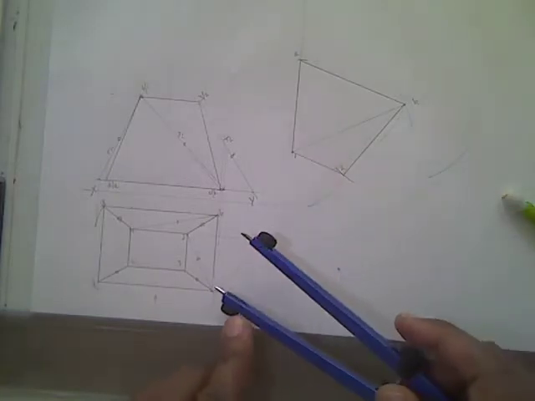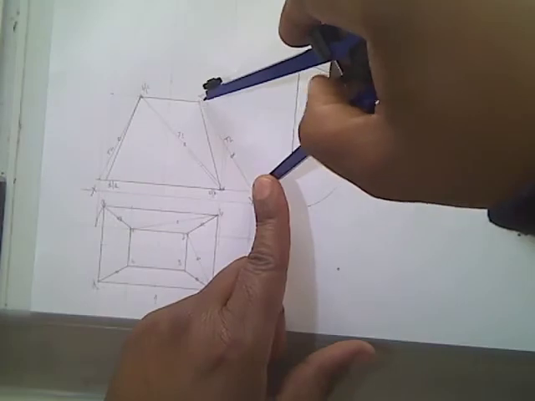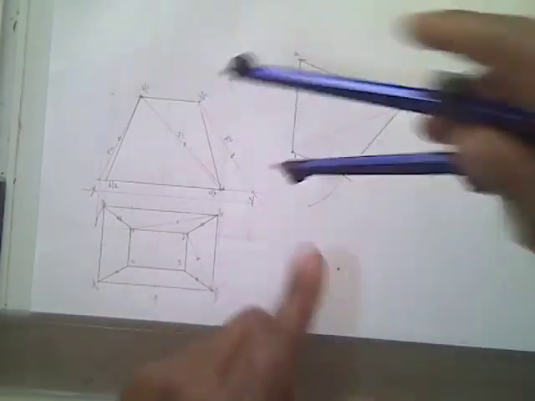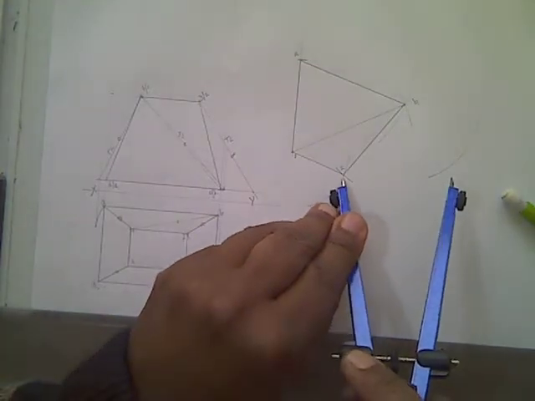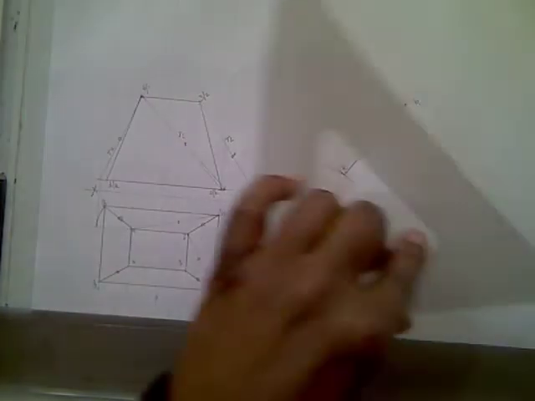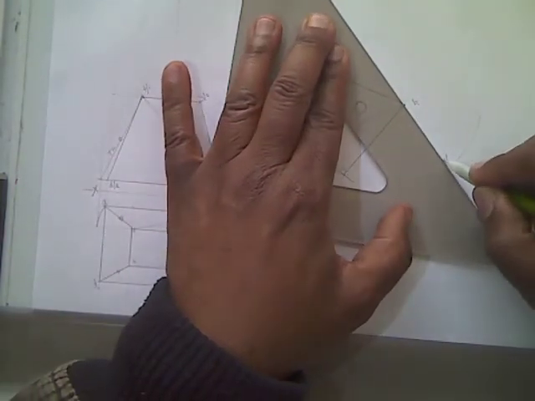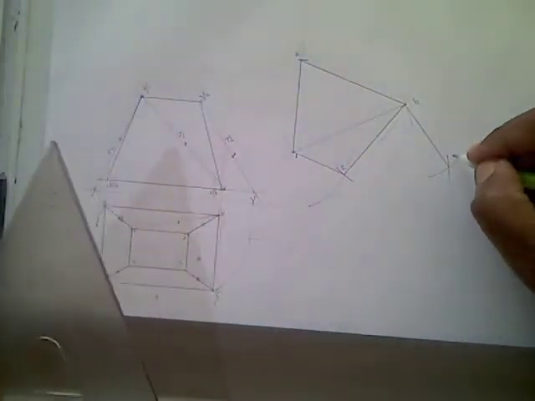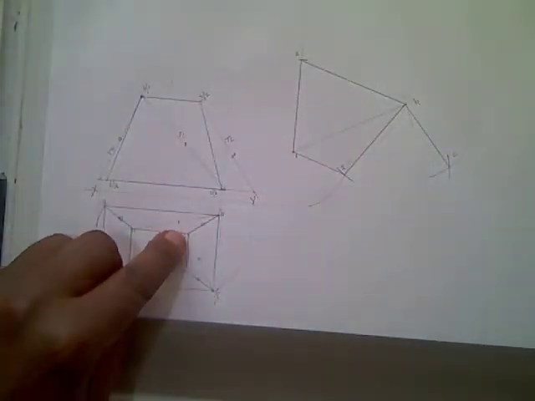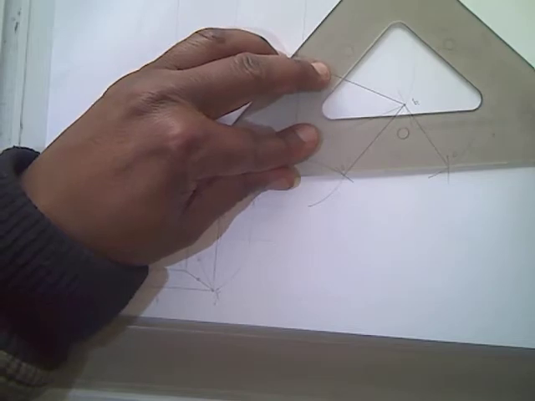From 2 to C, this true length there is there. 2 to C. That will be the true length. There is my C. From 2 to C, this is a constructed line. There is my constructed line.